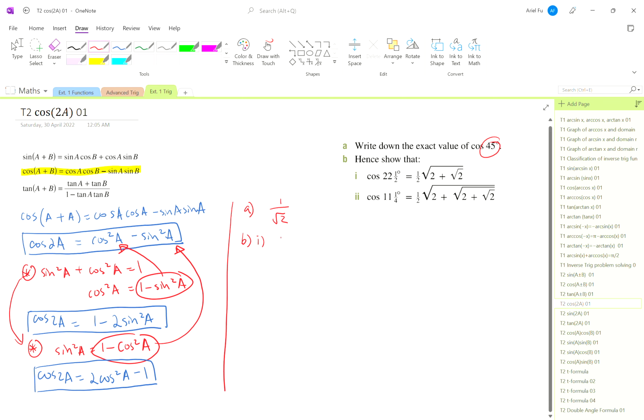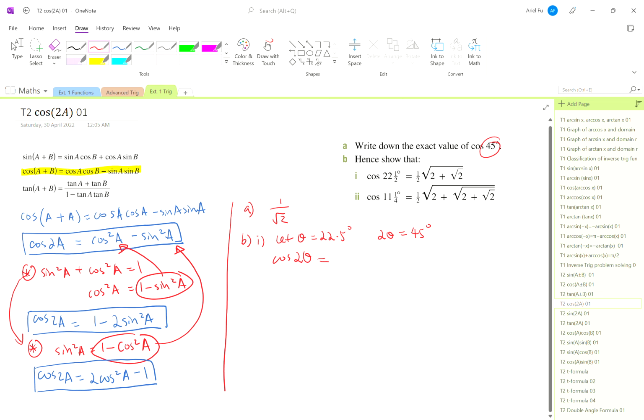So let theta equal 22.5 degrees. That means 2 theta is 45 degrees. And I know that cosine of 2 theta, cosine of 45 degrees, is equal to 1 on root 2. So that's going to really help me later. Cosine 2 theta is equal to, I'm going to pick one of these three identities on the left-hand side.